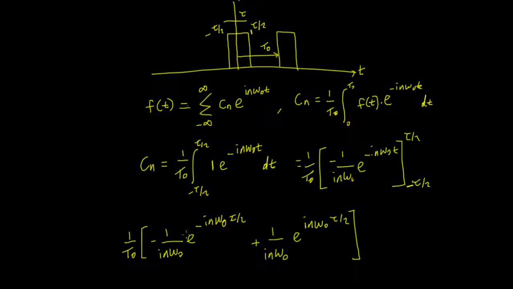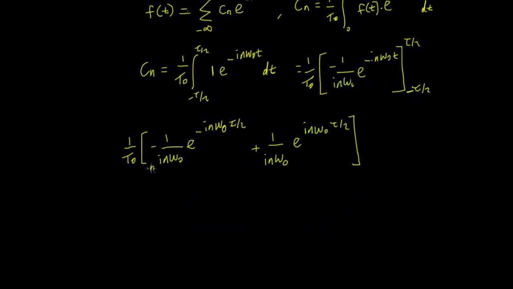Now what we'll do is take out this I n omega outside the bracket, so you'll end up with 1 upon t naught I n omega naught. Inside the brackets, we'll write them the other way round.